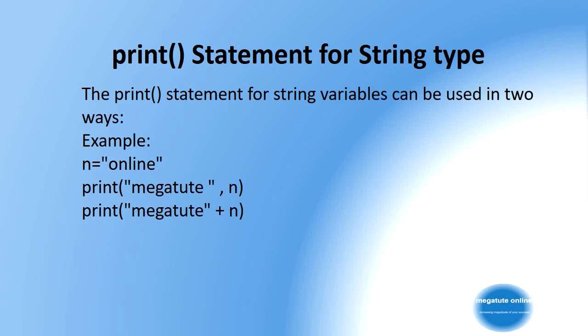For example, I have stored the word "online" into variable n, and when I print it with a fixed message "magnitude", which will become "magnitude online", I can either use comma or I can use plus. So to print a string variable's content, you can use both comma and plus. But for variables other than strings, we need to use only the comma operator.